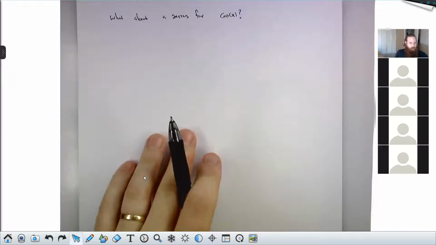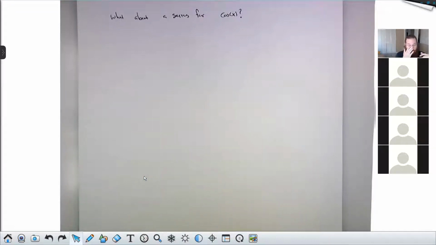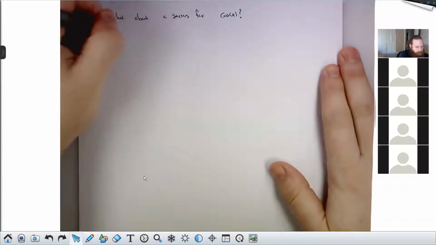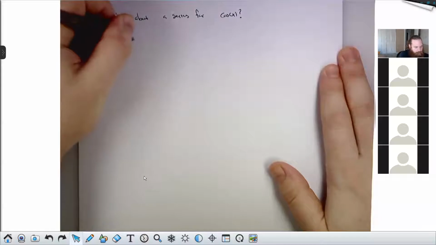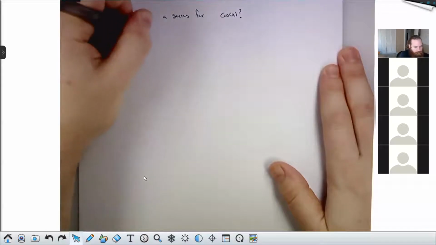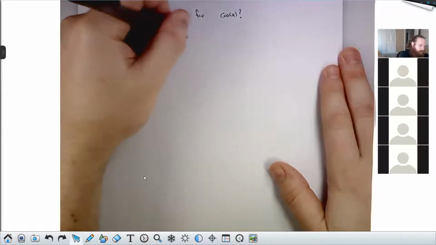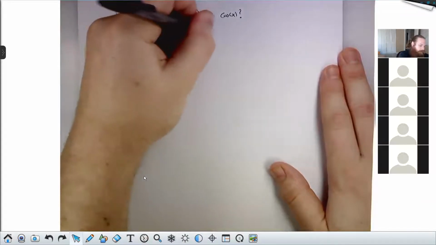Okay. So what about a series for cosine? We have a series for sine. I could start over and make a table for cosine. But if we're clever, well, option 1 could make a table, same as we did for sine.